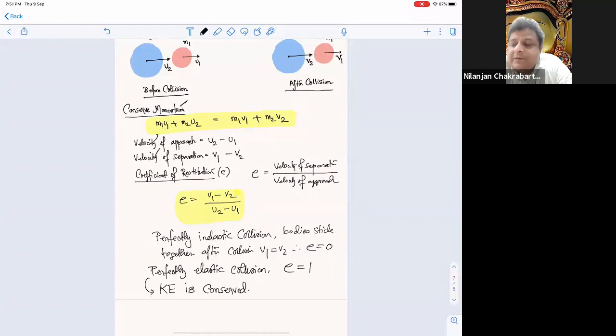Some of the books write that perfectly elastic collision means kinetic energy is conserved, and there you have to prove that e equal to 1. But that is not the right way. Perfectly elastic collision means e equal to 1, and there for one-dimensional collision kinetic energy is conserved. That is the right way.